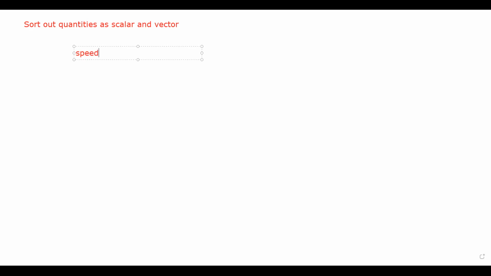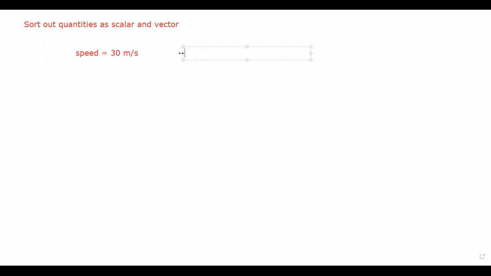So if I say speed is 30 meter per second, if the quantity is a scalar quantity, write S. If a quantity is a vector quantity, write V in front of that. So use screen annotation and state whether the quantity shown is a scalar quantity or a vector quantity.